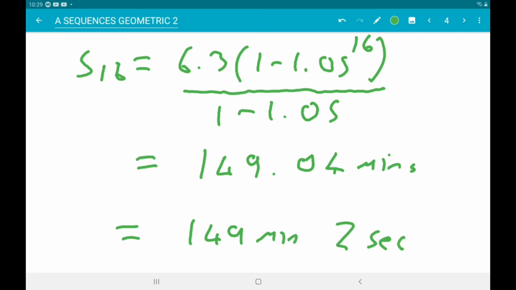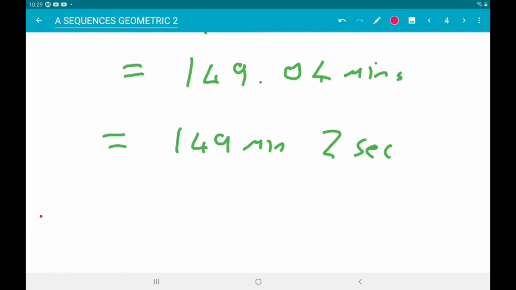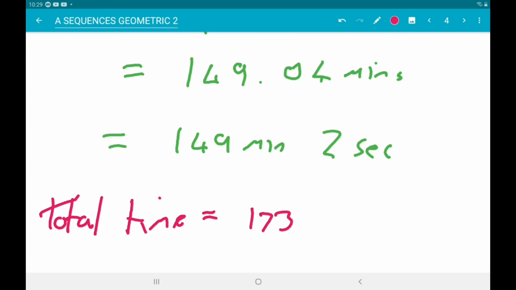So the total time is 24 minutes and 149 minutes, 2 seconds, so that's 173 minutes and 2 seconds.